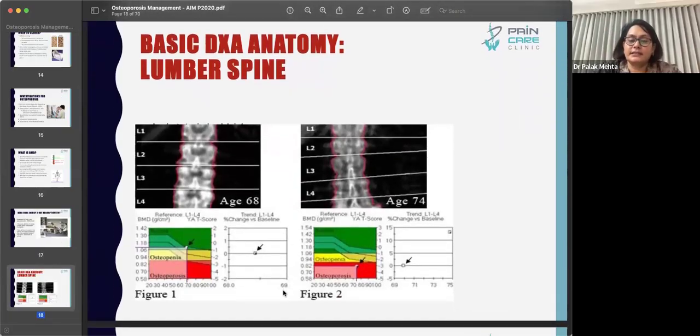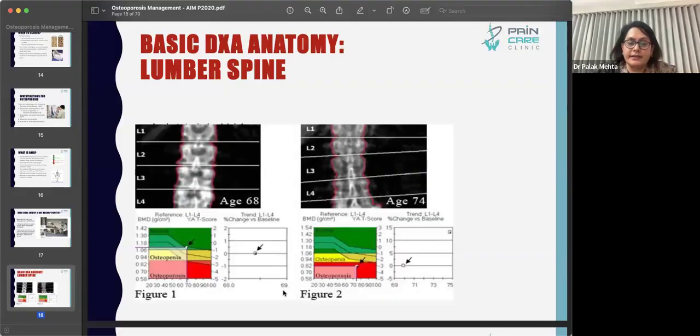So this is age 68 and this is age 75. Two female studies have been done. You can see here the green zone, yellow zone and red zone. One curve has been made for females of that particular age. We call it Z score.